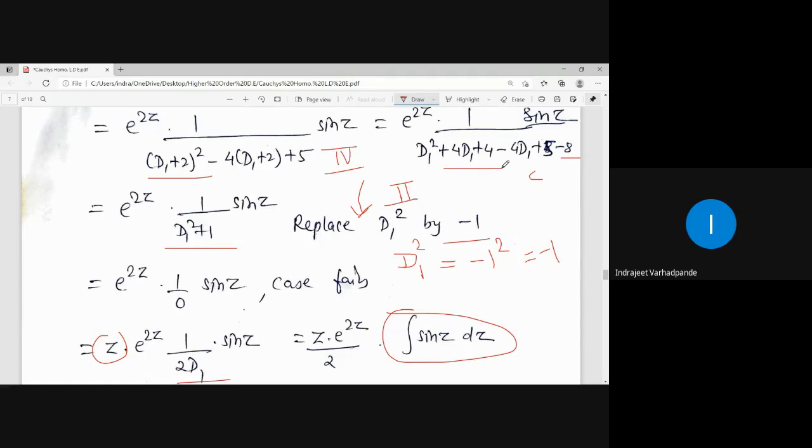So e to the power 2z into z, the derivative of the D term D1 square plus 1 is 2D1, to be operated on sin z. Now what does 1 upon D1 represent? 1 upon D1 represents integration with respect to z.